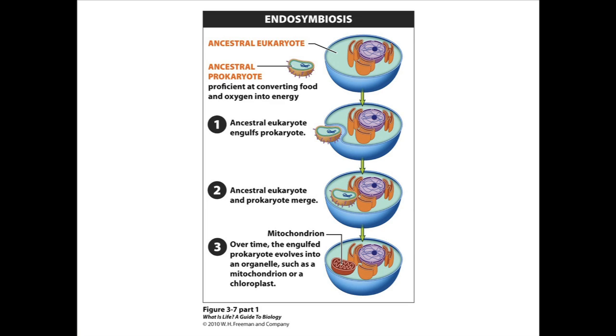And both of those organelles, mitochondria and chloroplasts, contain their own DNA, which led Lynn Margulis to come up with the endosymbiont hypothesis, describing that an ancient eukaryote engulfed an ancestral prokaryote, which came to live within it, to eventually become a mitochondria or a chloroplast.